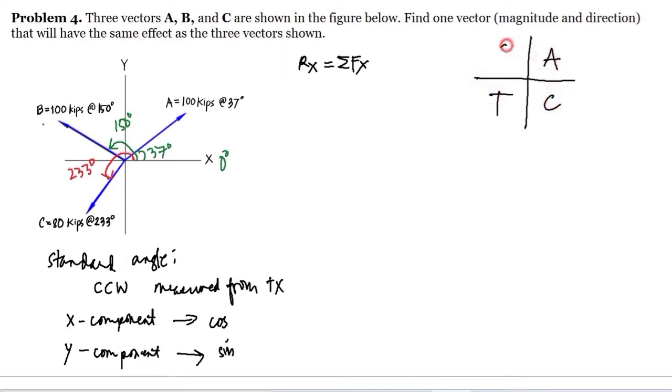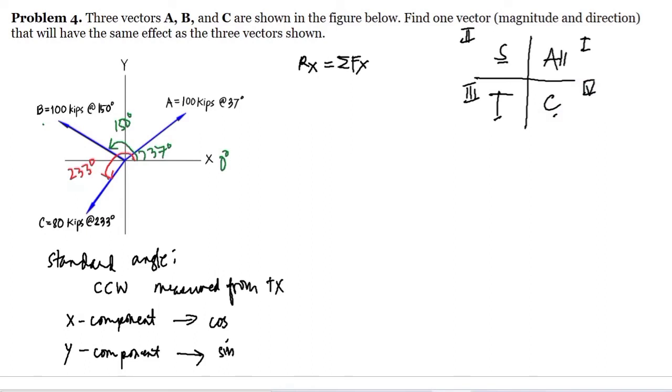Ano ibig sabihin ng ACTS na to? In quadrant 1, all angles are positive. In quadrant 2, only the sine and the cosecant are positive. In quadrant 3, only the tangent and the cotangent are positive. And in quadrant 4, only the cosine and the secant are positive.